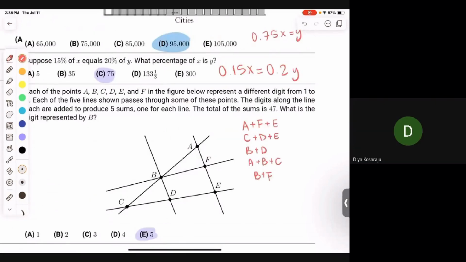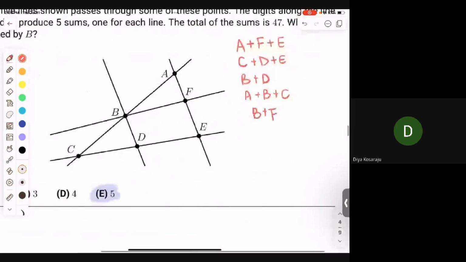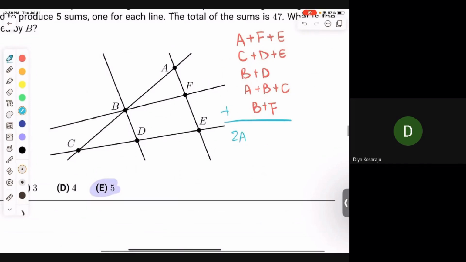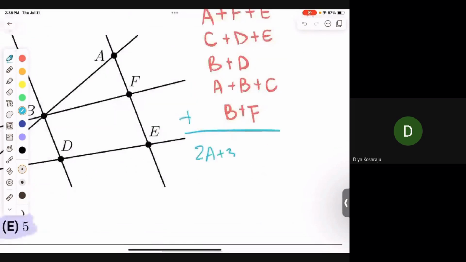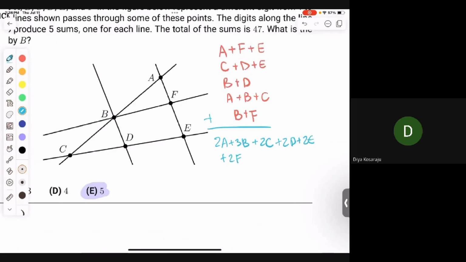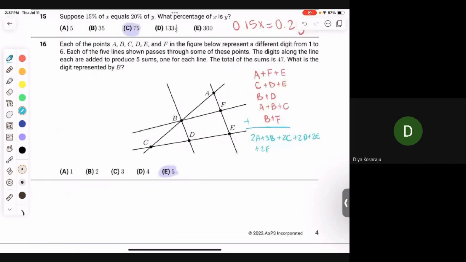Okay, and then if you add them all, you have 2A, 3B, 2C, 2D, 2E, and 2F, and all of that would be equal to 47.